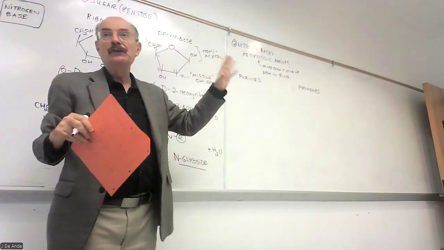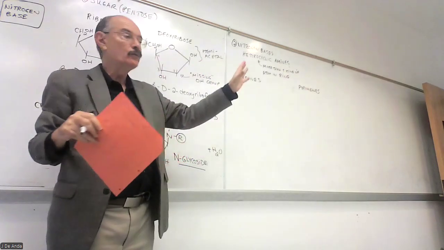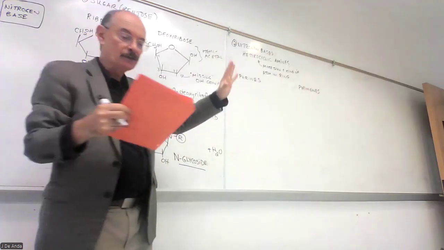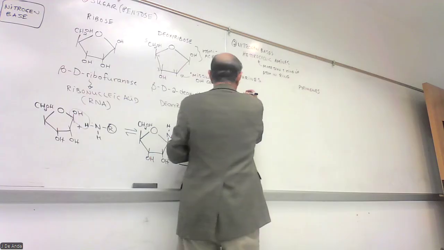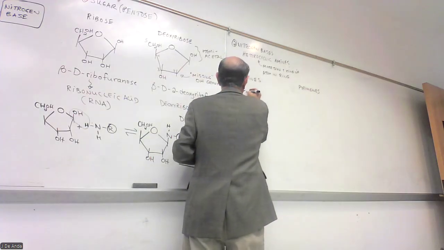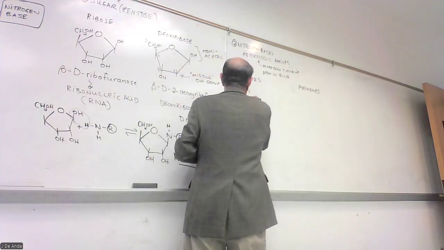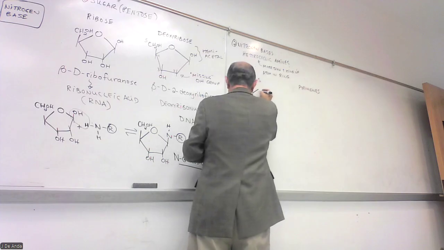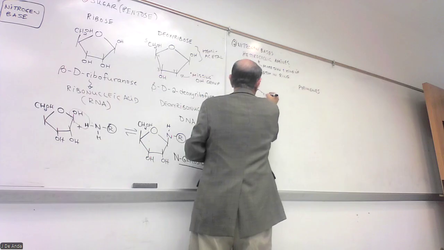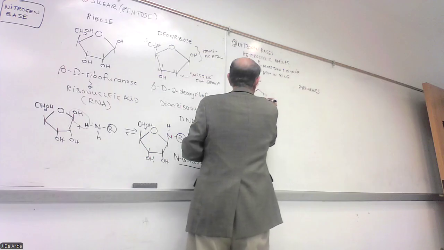But there's a very interesting feature. That's all I want you to be able to recognize. This is a structure of a purine. It essentially consists of a 5-sided ring fused to a 6-sided ring.